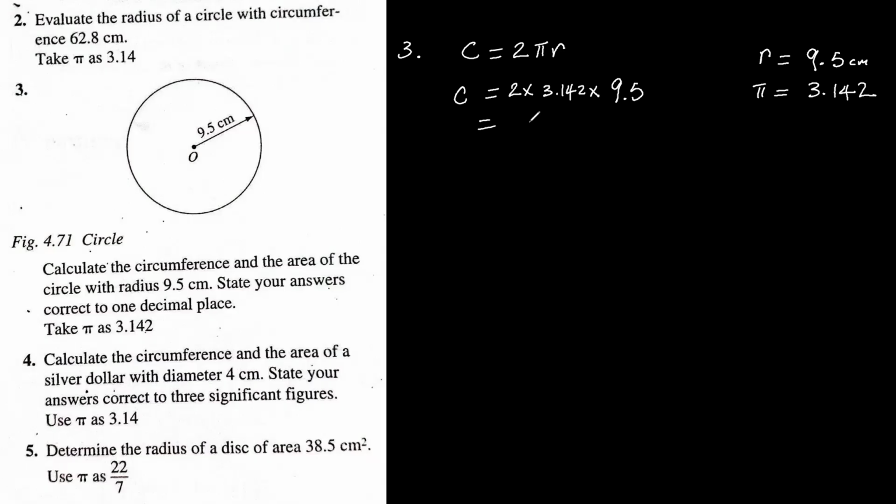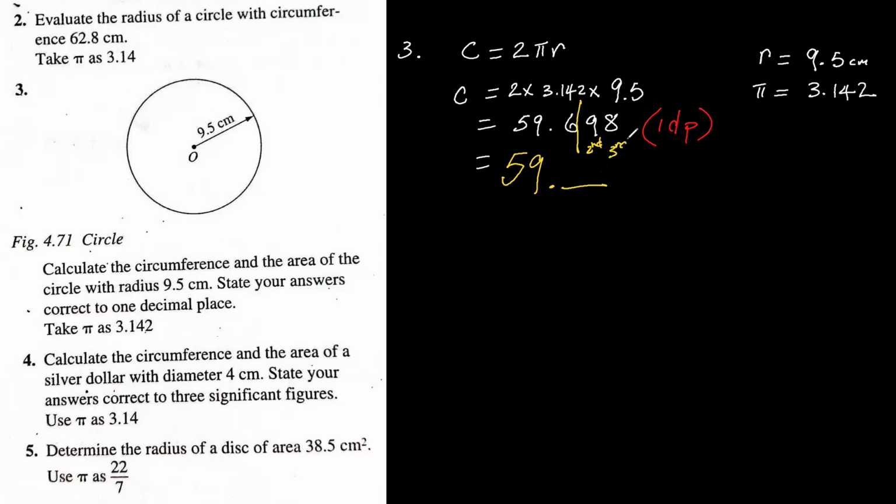Now, on my calculator, I'm getting 59.698. But they want the answer to 1 decimal point, so I'm going to put 1 dp. My answer will be 59 point and 1 decimal place. So I have to look at the second decimal place.